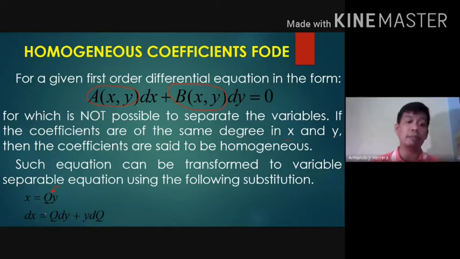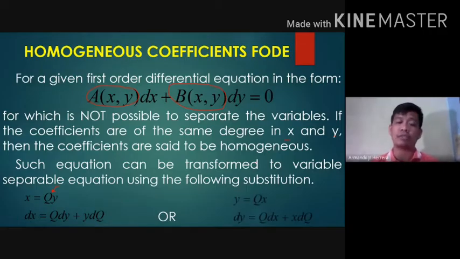Then the derivative of x is q dy plus y dq using derivative of a product. So we have a choice. We can use x in terms of y or y in terms of x. Y is equal to q of x naman. So then the derivative of y is equal to q dx plus x dq.